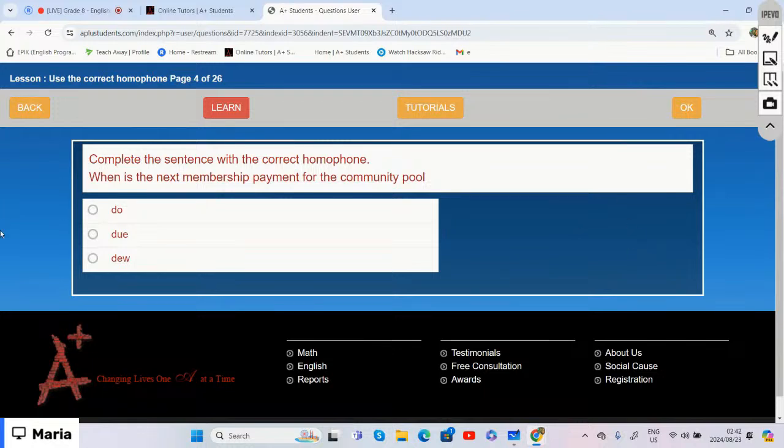All right, so now it says, when is the next membership payment for the community pool due? Is it option one, option two, or option three? They're talking about payments that need to be in. It's like a deadline or date or time as to when it needs to be in.